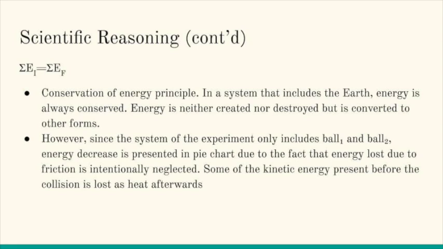However, in the case of our experiment, since the system only includes ball 1 and ball 2 and refers to kinetic energy only, the energy decrease is presented in pie charts due to the fact that energy lost due to friction is intentionally neglected. Some of the kinetic energy present before the collision is lost as heat afterwards.